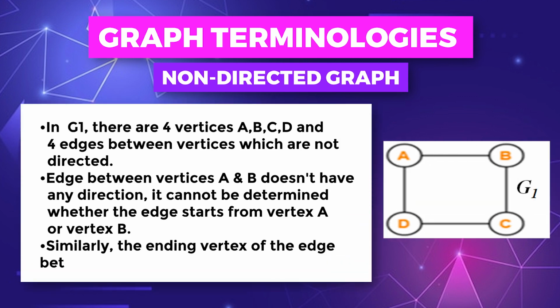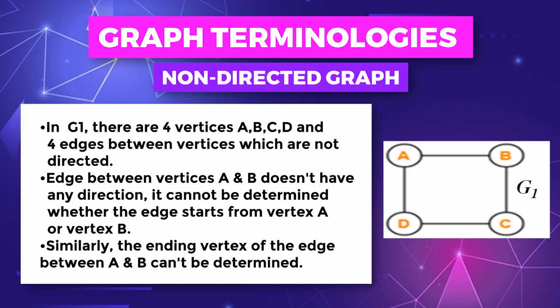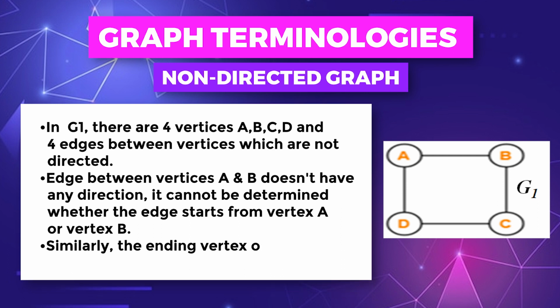For example, in the graph there are 4 vertices A, B, C, D and 4 edges between the vertices which are not directed. The edge between the vertices A and B does not have any direction. So, it cannot be determined whether the edge starts from A or from B. We cannot determine the ending vertex of an edge between A and B.